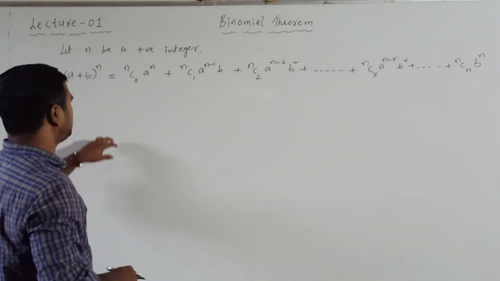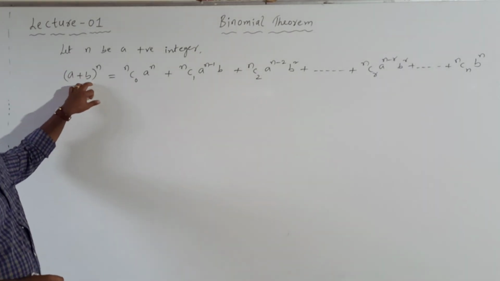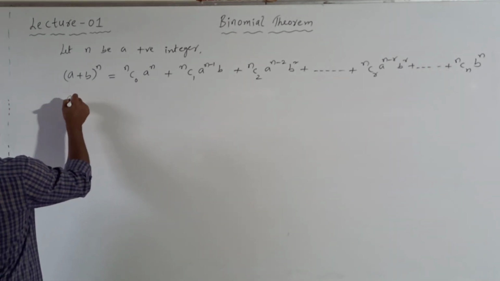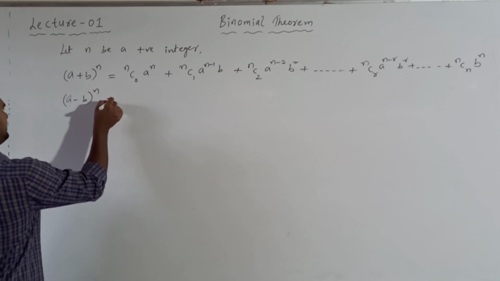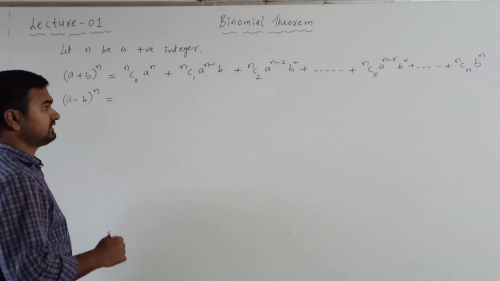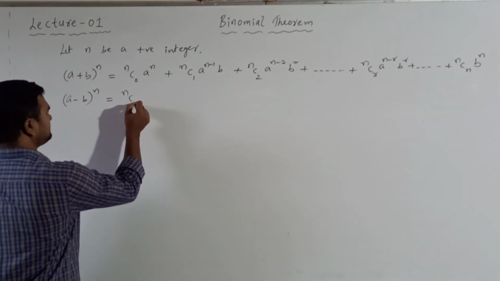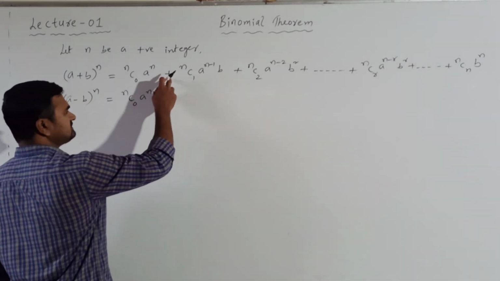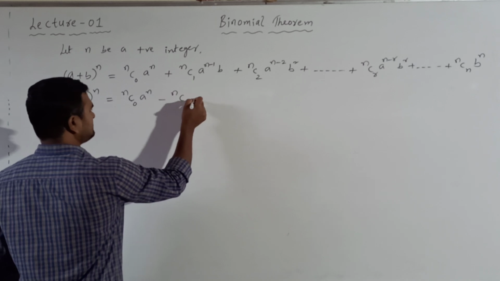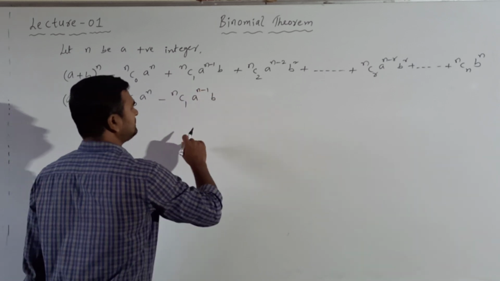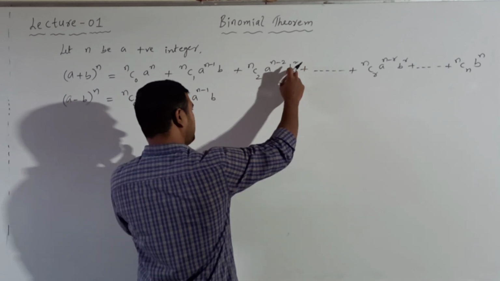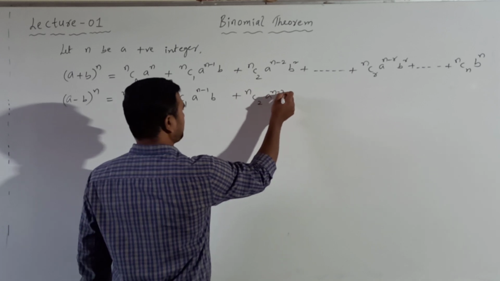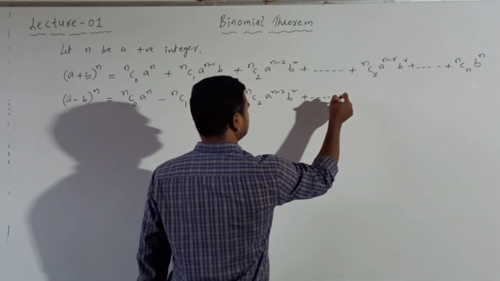If I replace b with minus b, then see what expansion we get. Replacing b with minus b, we get the expansion for (a minus b) whole power n, which can be written as nC0 a power n, minus nC1 a power n minus 1 into b, since minus into plus becomes minus. Then (minus b) whole square is plus b square, it is plus only, and so on.